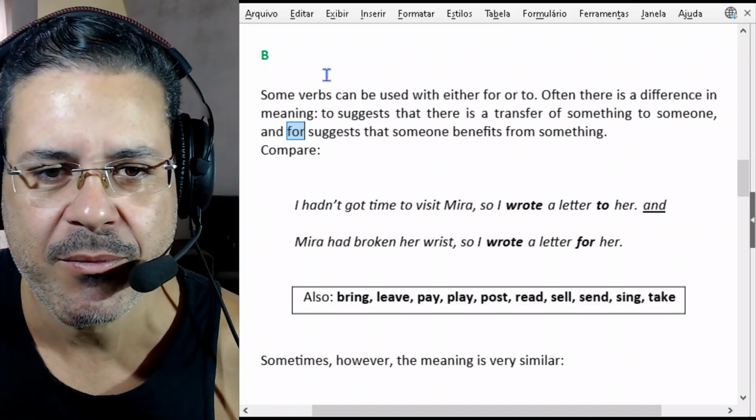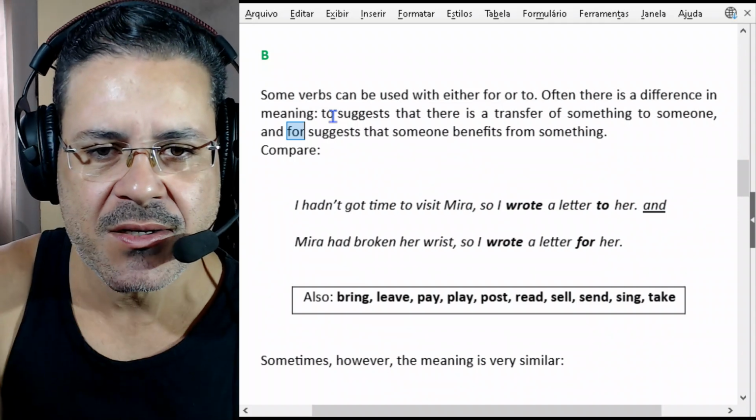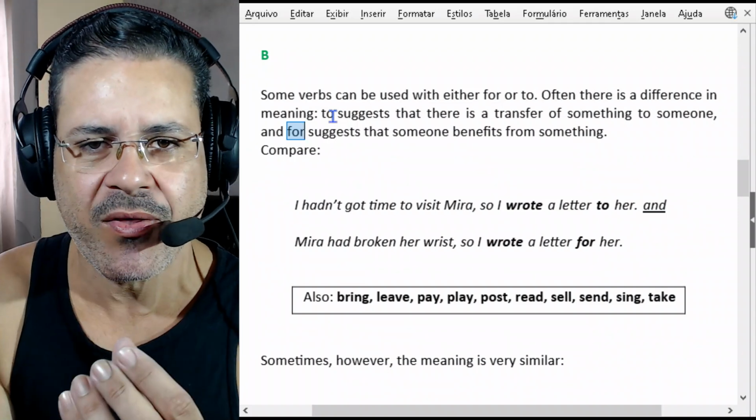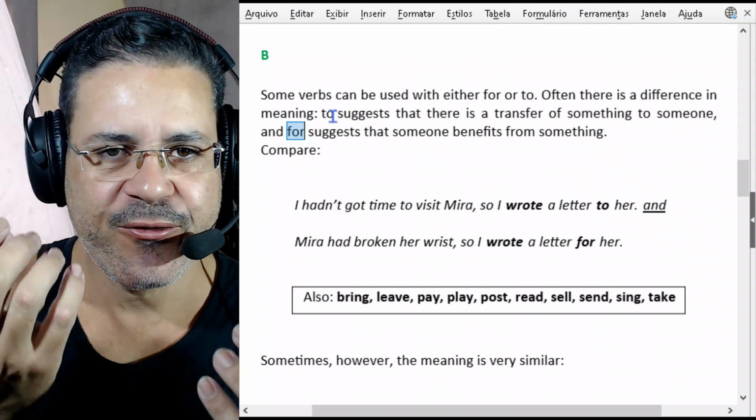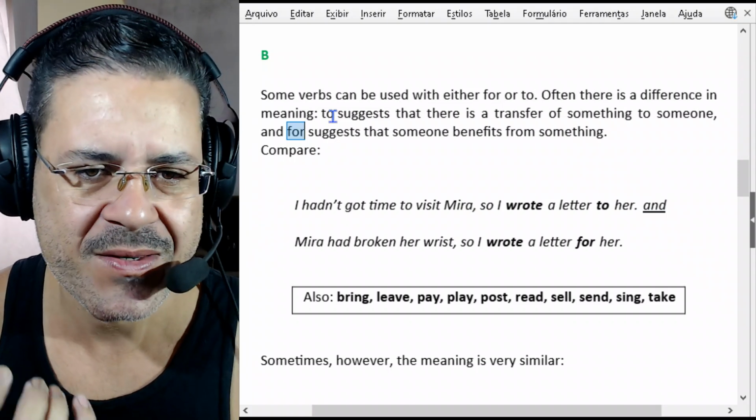So we're talking about the difference between for and to.